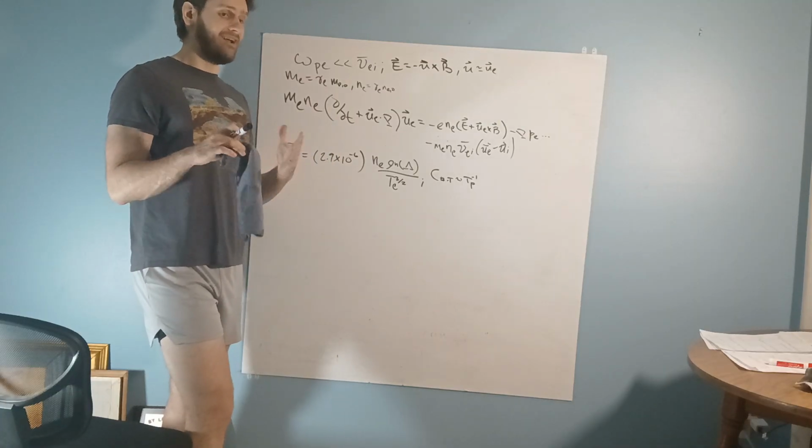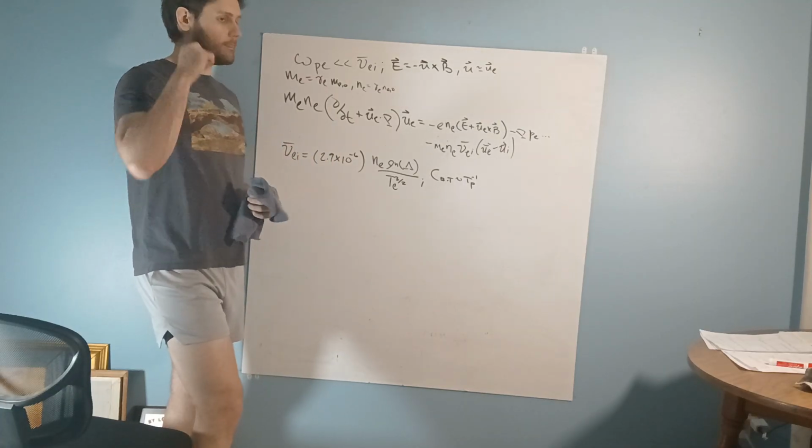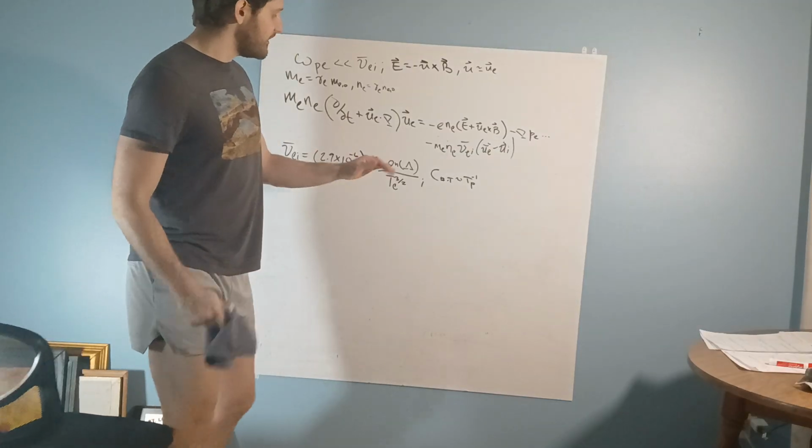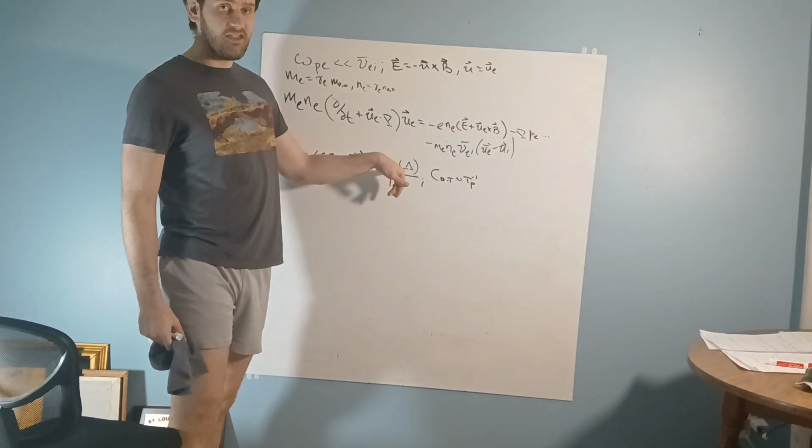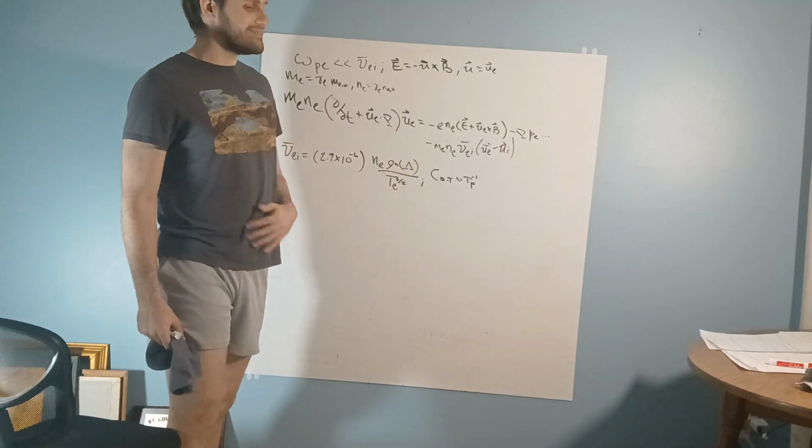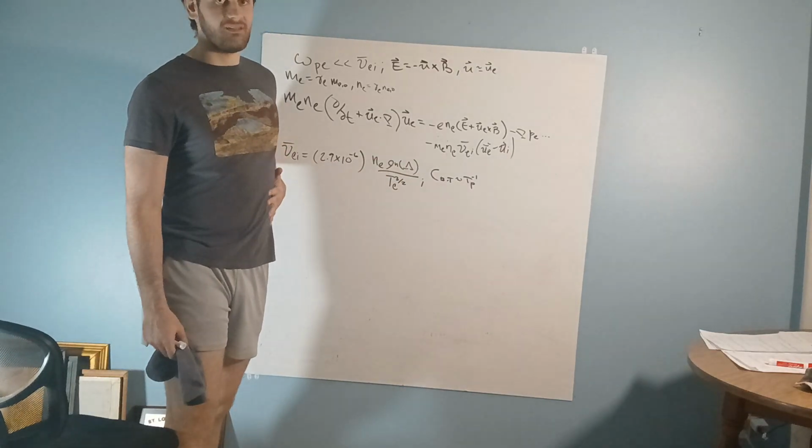It depends specifically on what regime you're looking at. But the important thing to understand is that there's a log here, and furthermore, there's going to be a radical inside of the lambda.